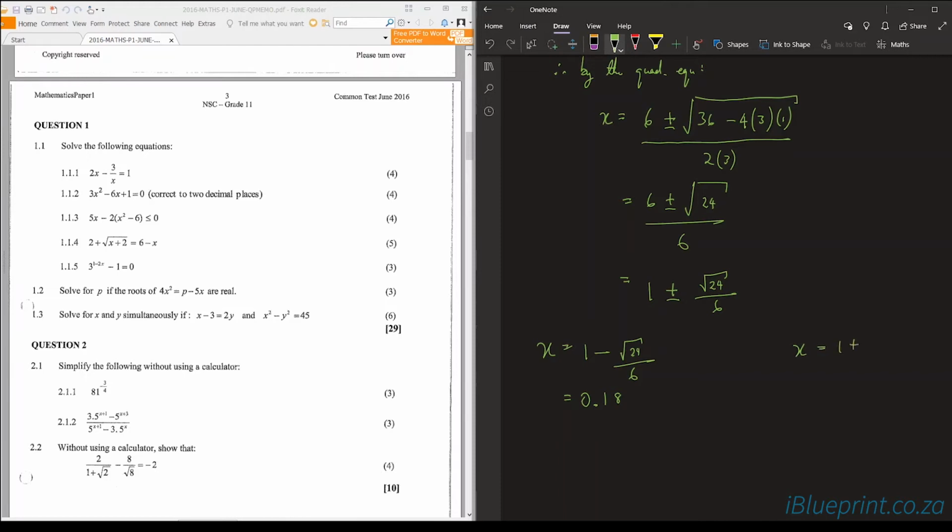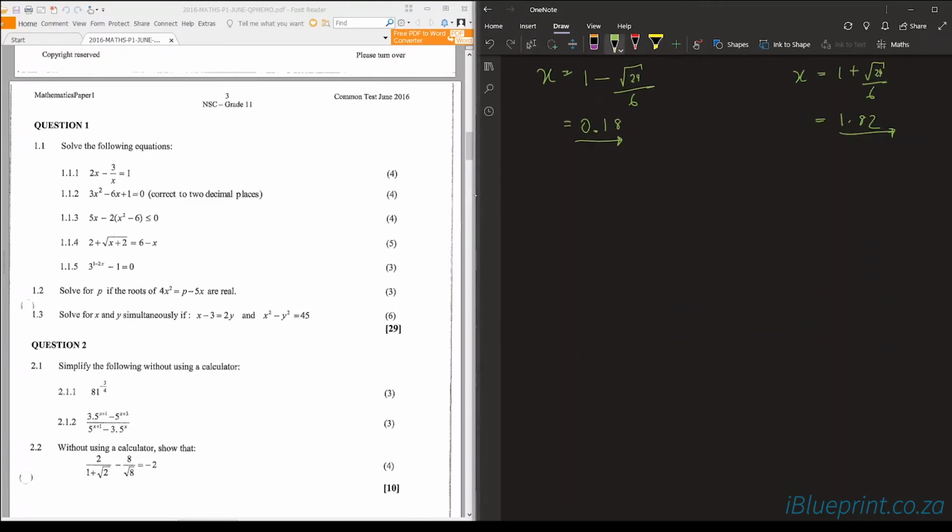And the other solution gives me 1.82, rounded to 2 decimal places. Both of these are solutions. Right. Simple enough.